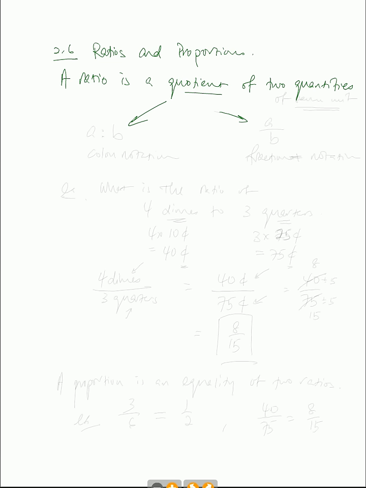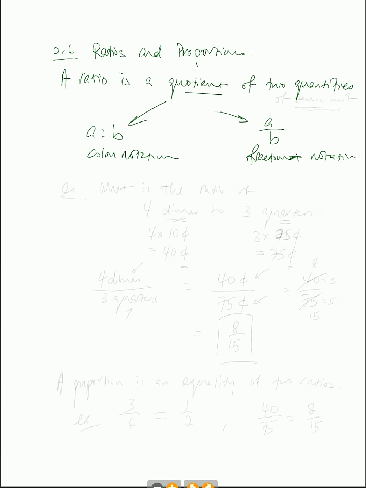There are two ways to express a ratio. You can express it as A is to B, which I think most of you have seen. This is what you call the colon notation. Another way to express a ratio is A over B, which is called the fraction notation.